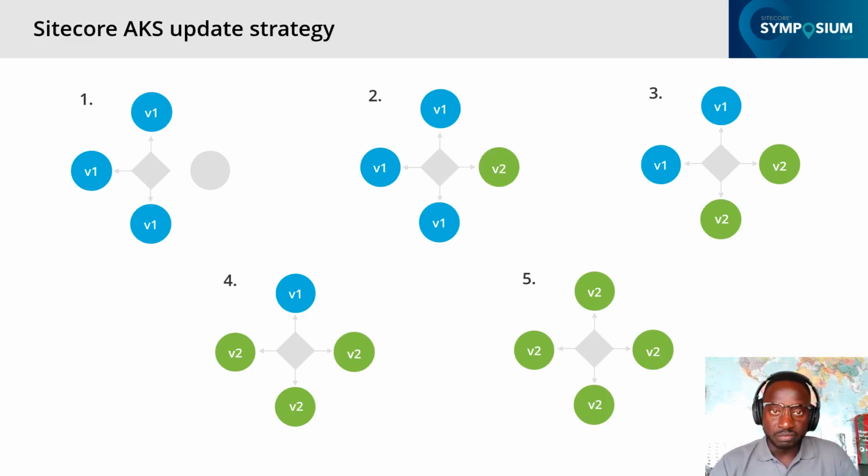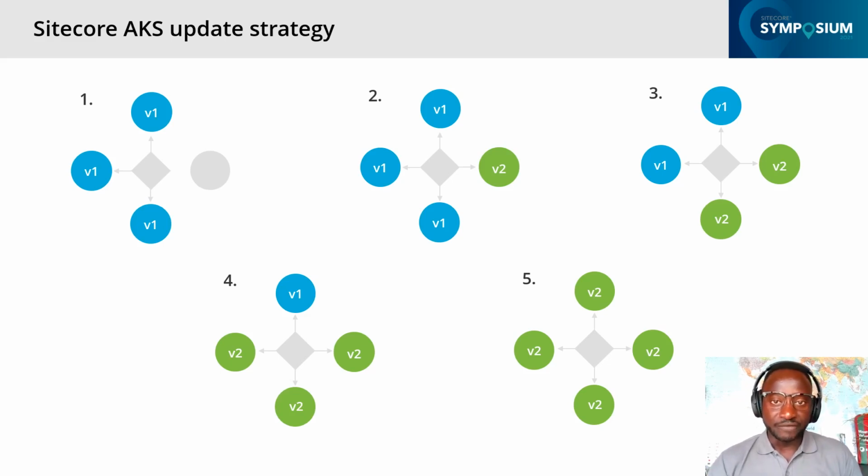You can also make use of Kubernetes update strategies to achieve Sitecore zero downtime deployments with the AKS. For example, you can make use of Kubernetes default rolling updates, also known as ramped deployments, as shown in this infographic.